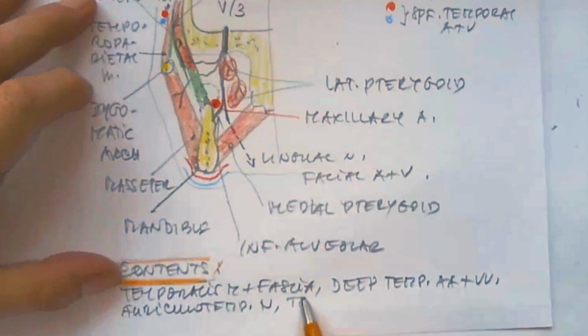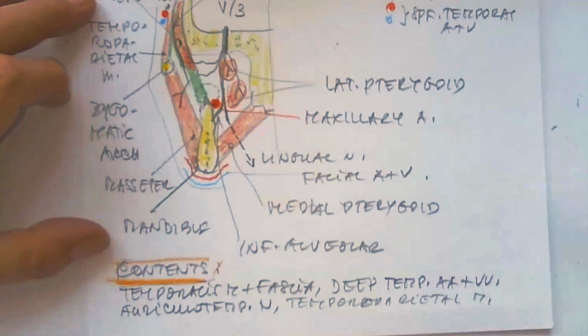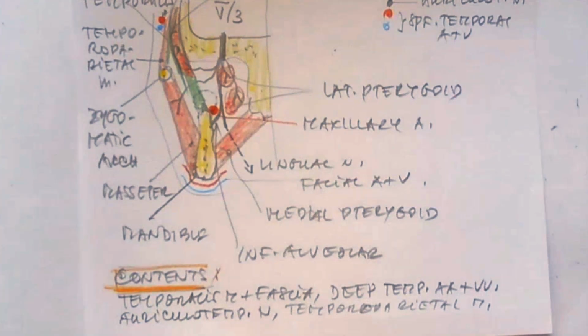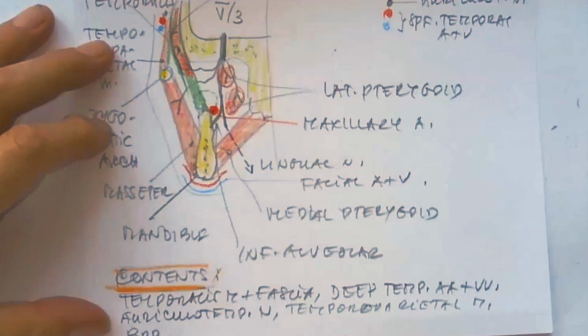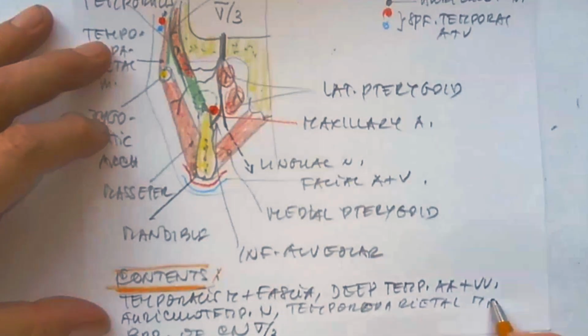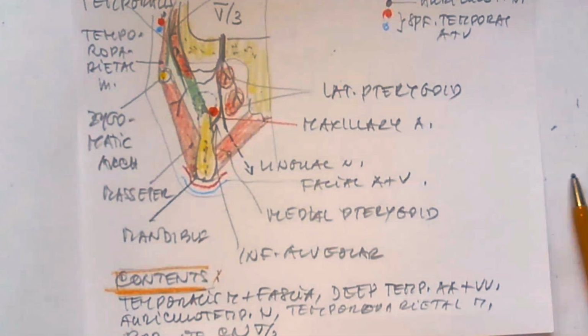Temporoparietal, parietal muscle belonging to epicranius. That's it. This is all for the temporal area, of course, plus branches of cranial nerve number V3, but temporoparietal has number VII. This is quite logical because this belongs to the epicranius.